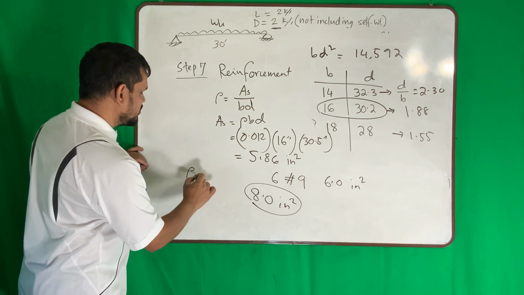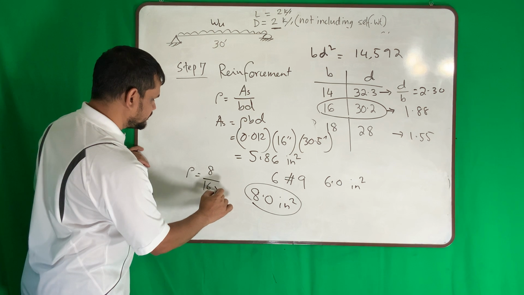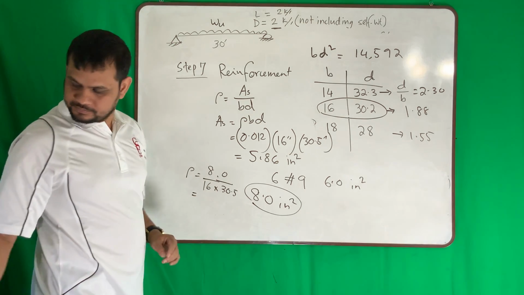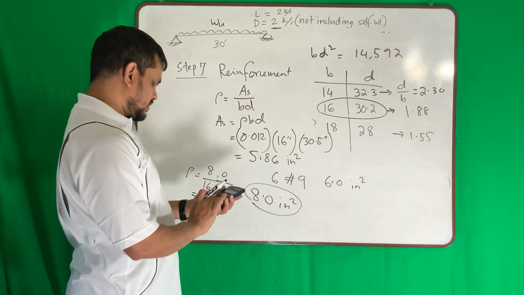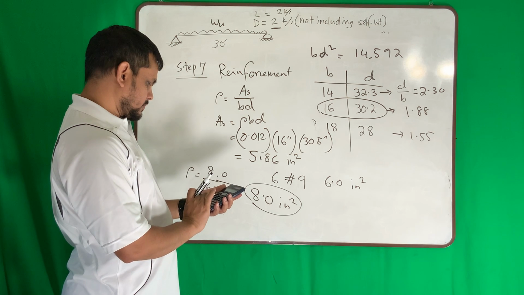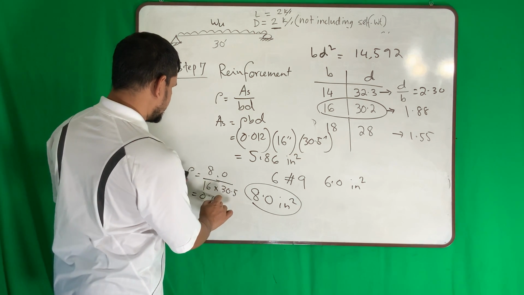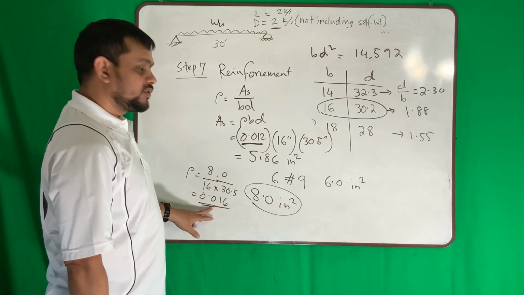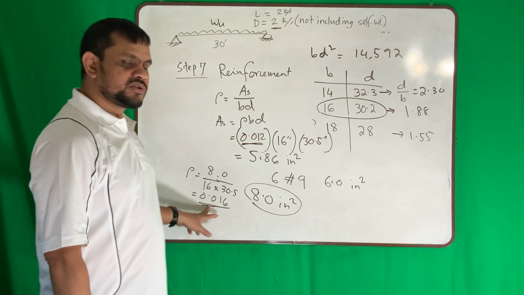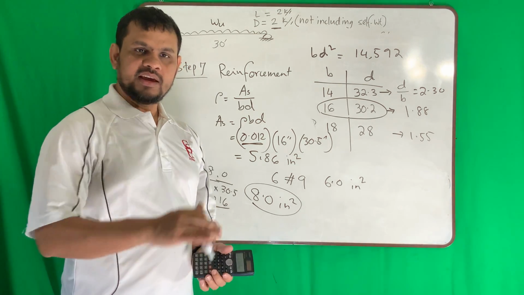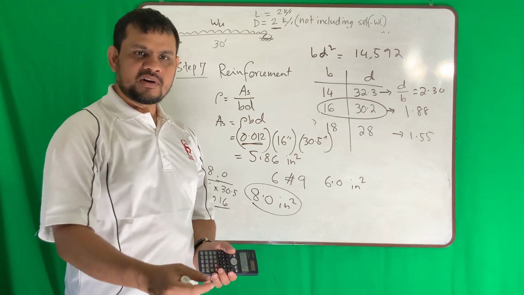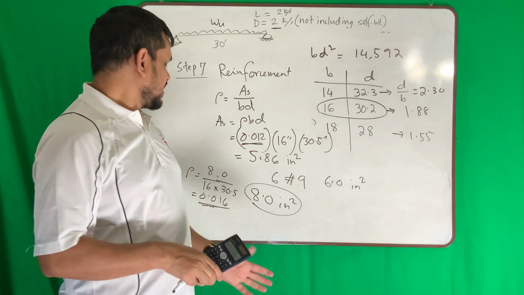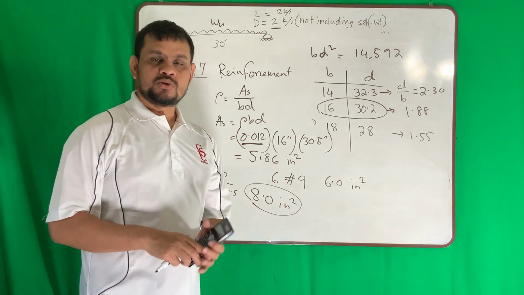Your rho will change. Say 8, it becomes 0.016, whereas here it is 0.012. So you have to go back using this rho, find your a, then c, then beta 1, then epsilon t, then find your phi. So do not provide so much.